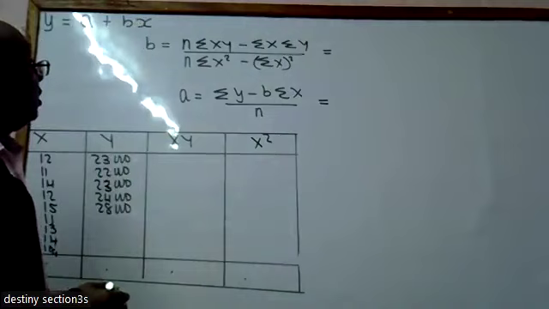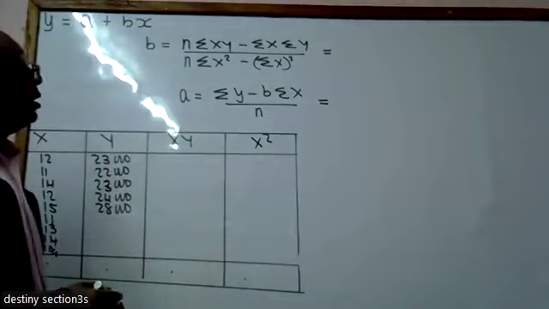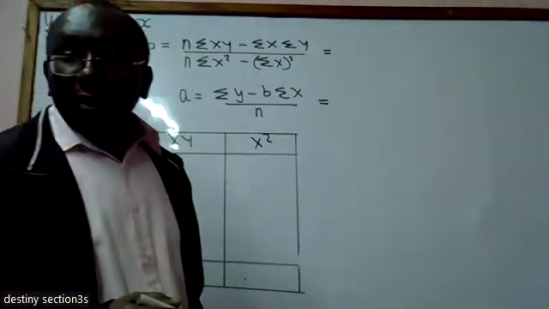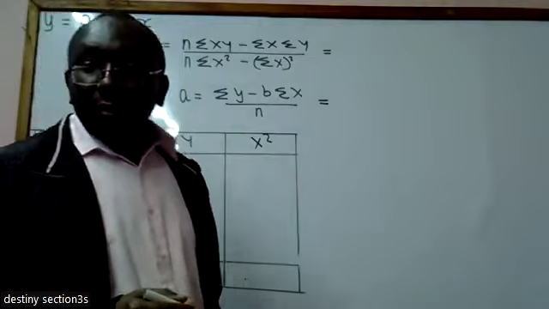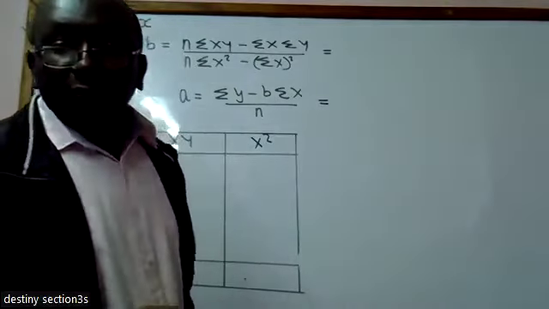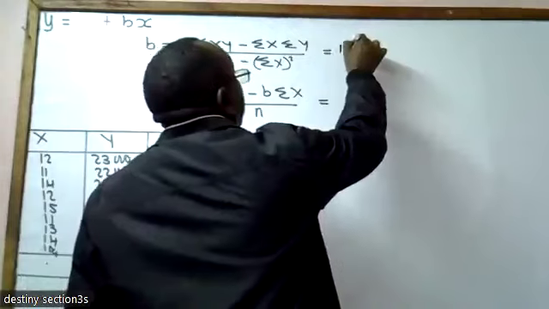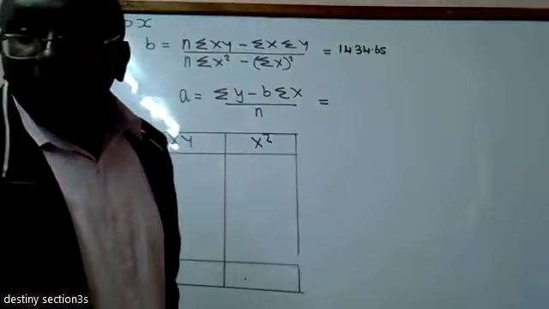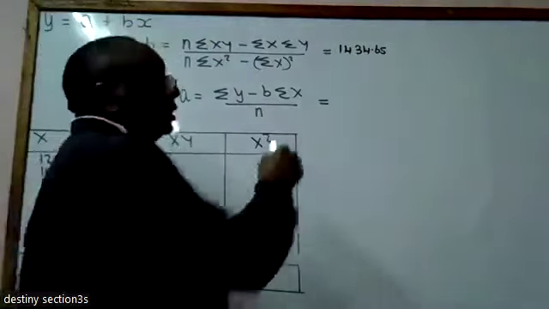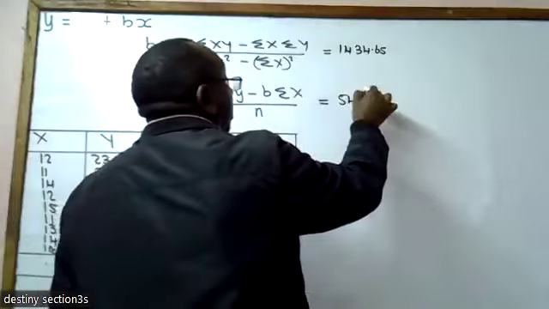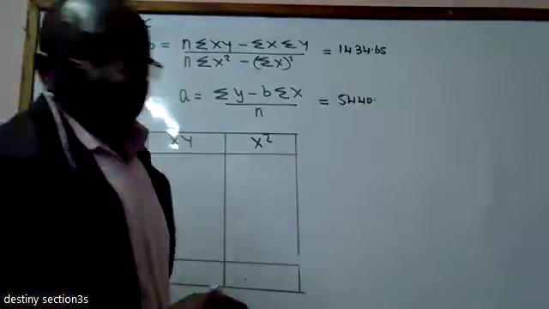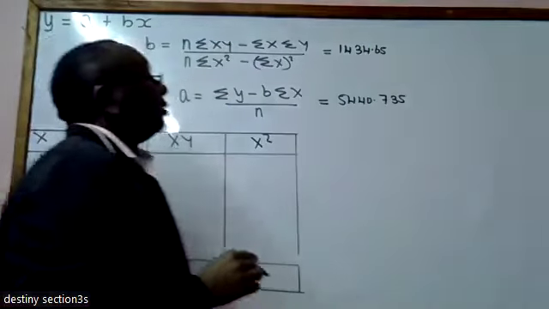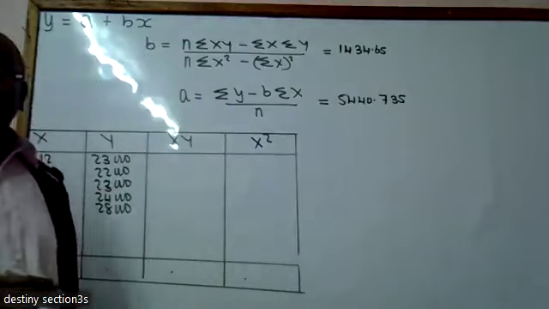I guess that should be B. And the value of A is 5440.735.